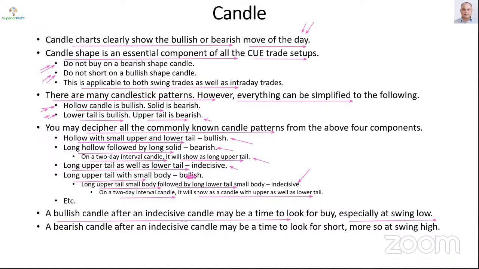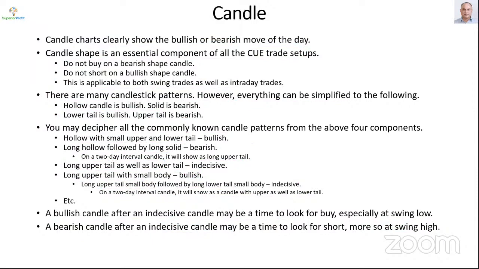But a bullish candle after an indecisive candle, meaning bulls and bears are indecisive where to go, and then bulls take control, especially at a swing low, that is a point to look for buy. Similarly, a bearish candle after an indecisive candle may be a time to look for short, more so at swing high. That's how we use the candles.